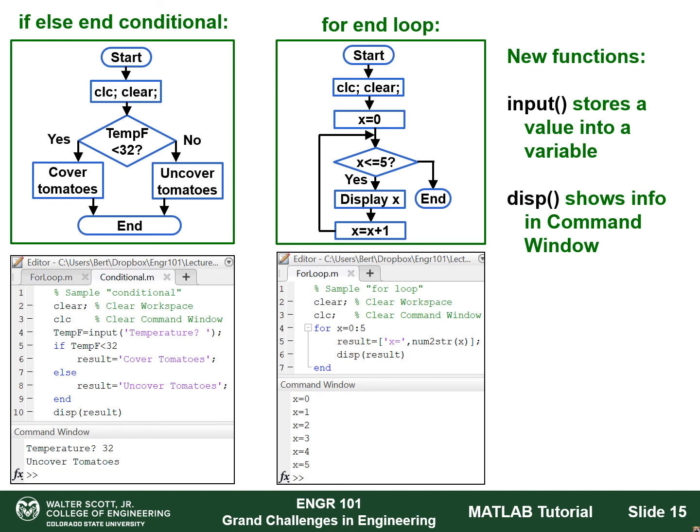And I didn't actually put the display and the input into the flowcharts that you see above, but you can basically work out how that would work. And then in the example to the right, you'll see that I also have a function called number to string, or num to string, which converts numeric information into string information.